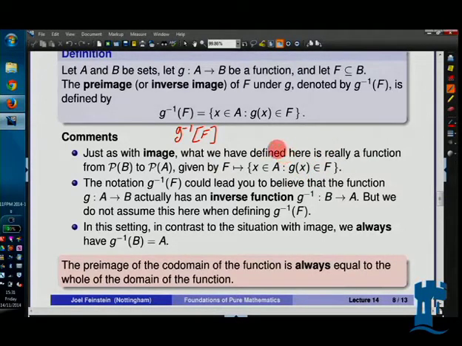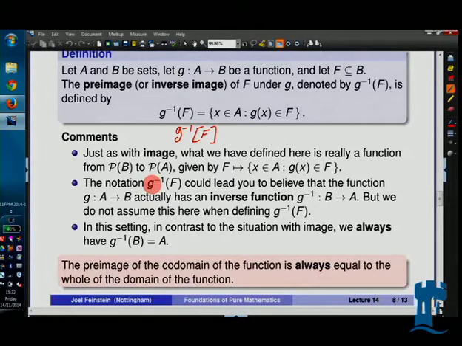I might draw you a picture in a minute just to clarify what's going on with all this. But for the moment, let me say, yes, that g to minus 1 is usually not... there are two problems with the notation. One is that g to minus 1 may not be a function at all on the original sets, but it might be because you might have an inverse map. And in calculus, you'll have done some inverse functions by now.